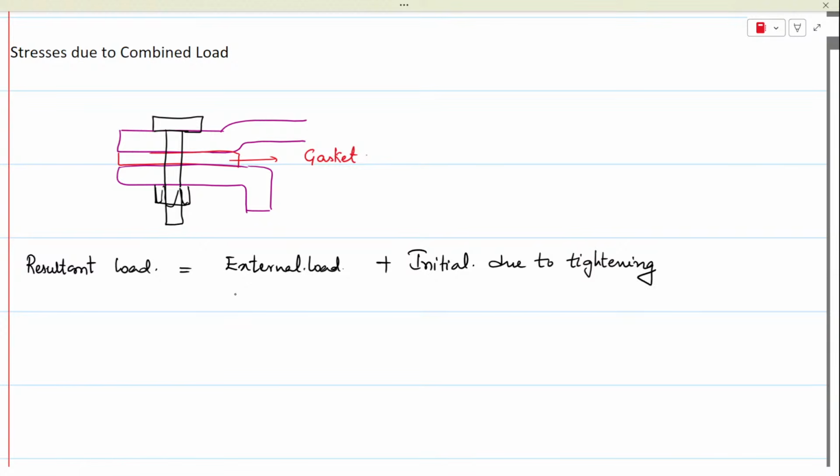The external load is taken directly. The initial load due to tightening is generally taken as Pi equal to 2840 times D. This is the empirical relationship that you are supposed to remember, and D is the nominal diameter.